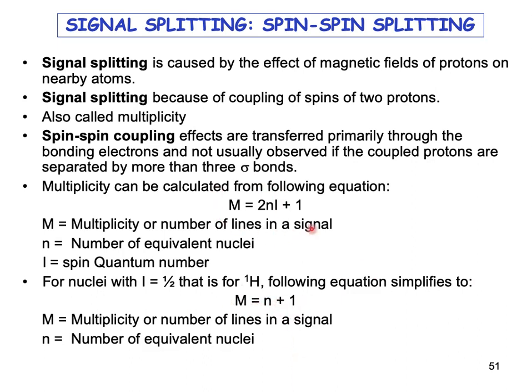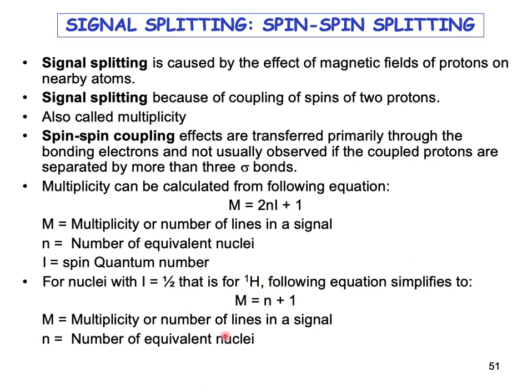You just put the half in here, then the 2 cancels out, and only n plus 1 is left.